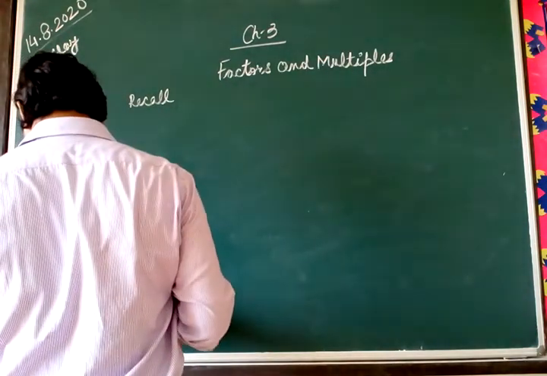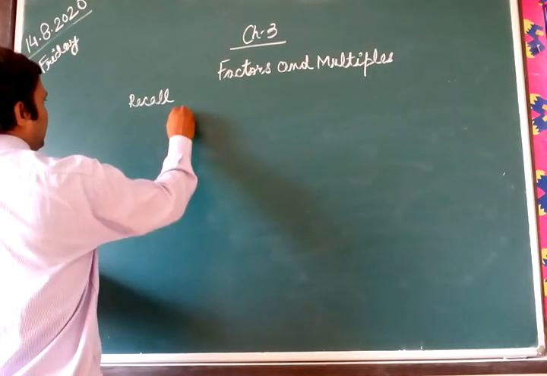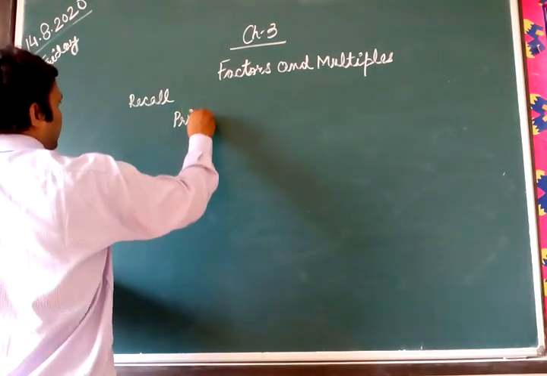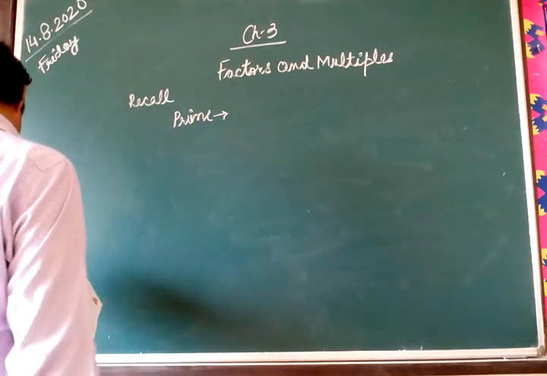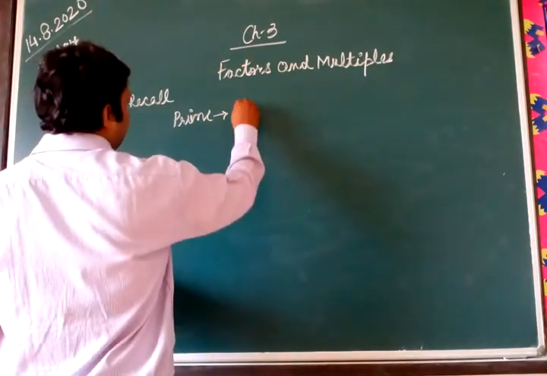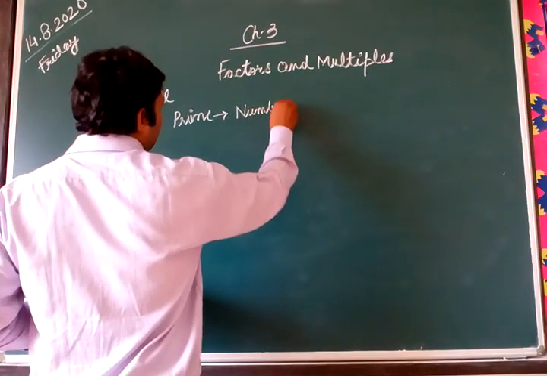Next thing is the prime and the composite numbers. First, the prime number: numbers that have only two factors.